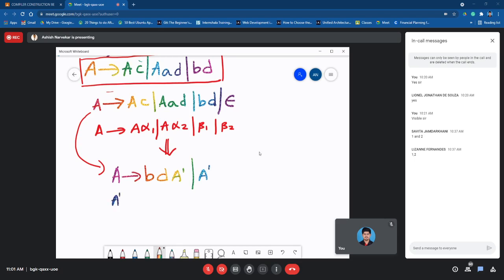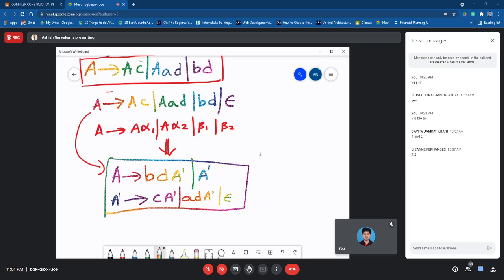Then write a production rule for A dash. So A dash is written in terms of alpha. So the first alpha, alpha 1, we have as C. So C A dash, or the second alpha that we have over here is AD. So AD A dash, or finally epsilon. Okay. So this is what we get finally as the non-left recursive grammar.